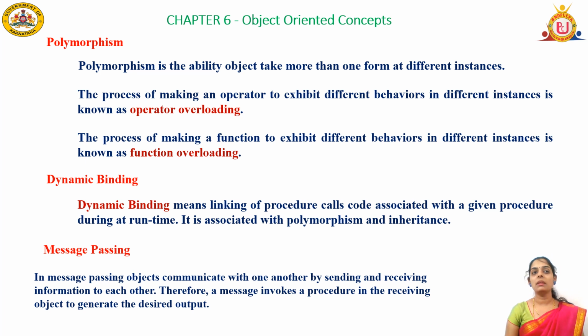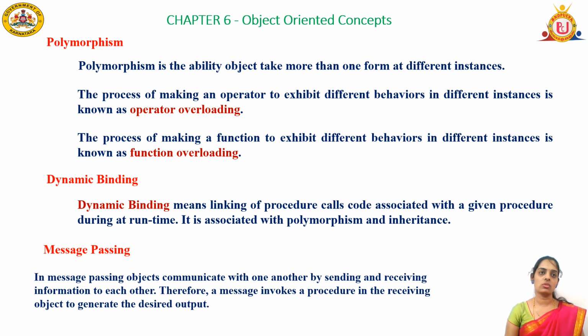At the same time, I can turn off the phone with the help of the same button. So this button is exhibiting more than one form at different instances. Polymorphism supports the concepts of operator overloading and function overloading.